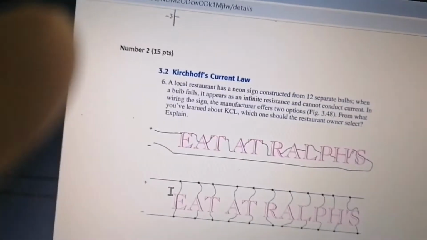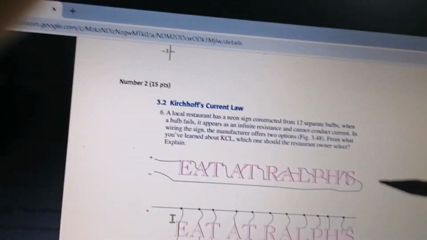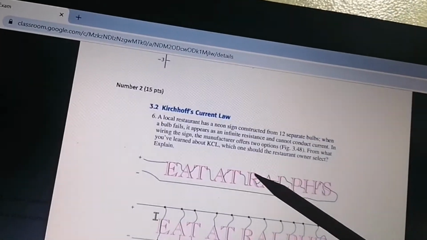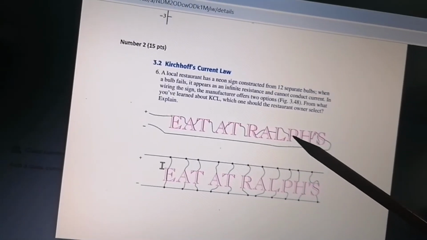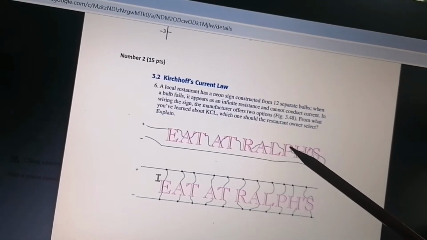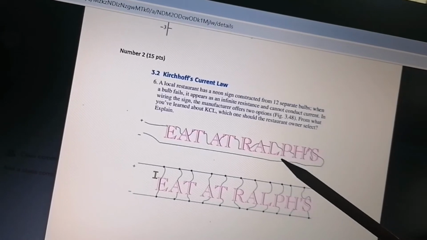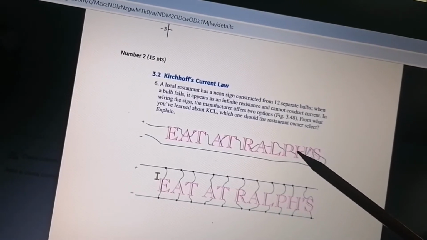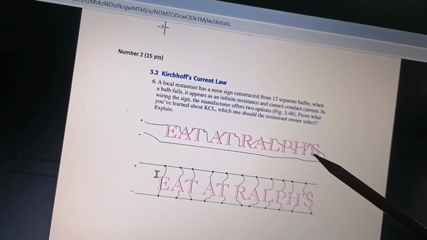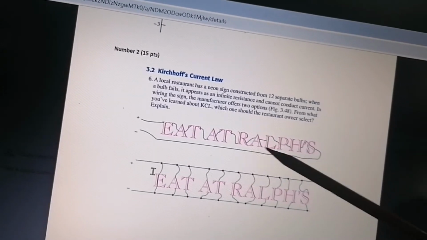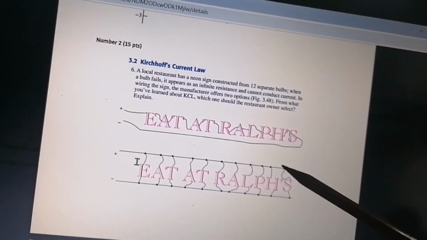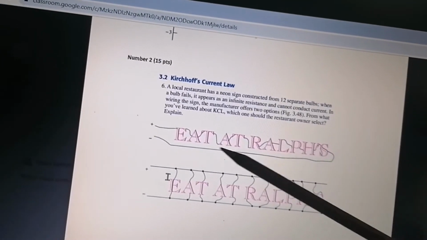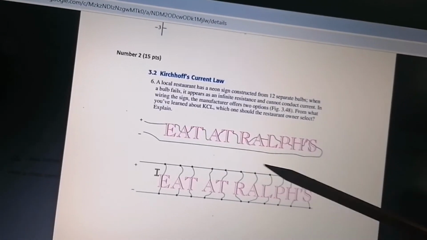Basically, if any bulb would be busted out, for example any letter P, the bulb here would be busted out, and current cannot be transmitted to the rest of this circuit.